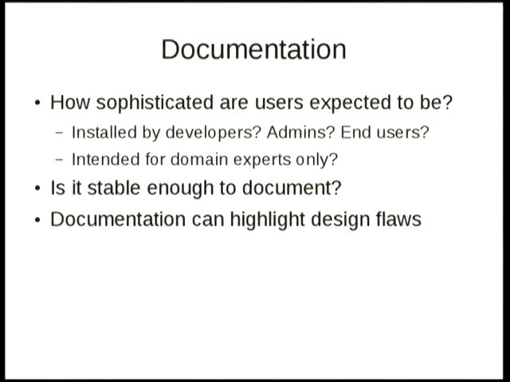Documentation is another lovely one. Open source tends to get hammered for poor documentation. Fortunately, the Python community tends to be better than most about encouraging good documentation. But it boils down to how sophisticated your users are expected to be. If you're building something that's intended for software developers and only for the developers actually working on that product, then you can get away with some pretty poor documentation because you can say, read the source.